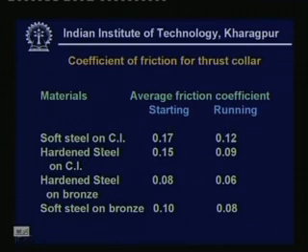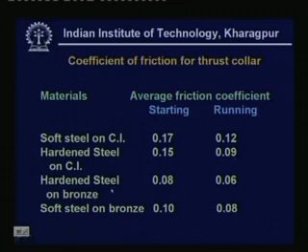Now, soft steel on cast iron has a starting coefficient of friction 0.17 and the running coefficient of friction is 0.12. When you use hardened steel, that is after hardening, and again cast iron, then the starting coefficient of friction is 0.15 and the running coefficient of friction is 0.09.